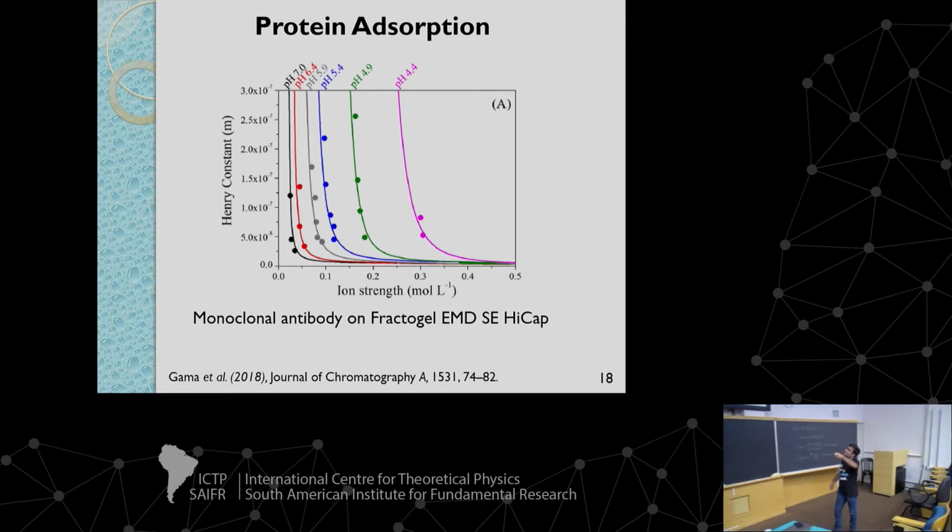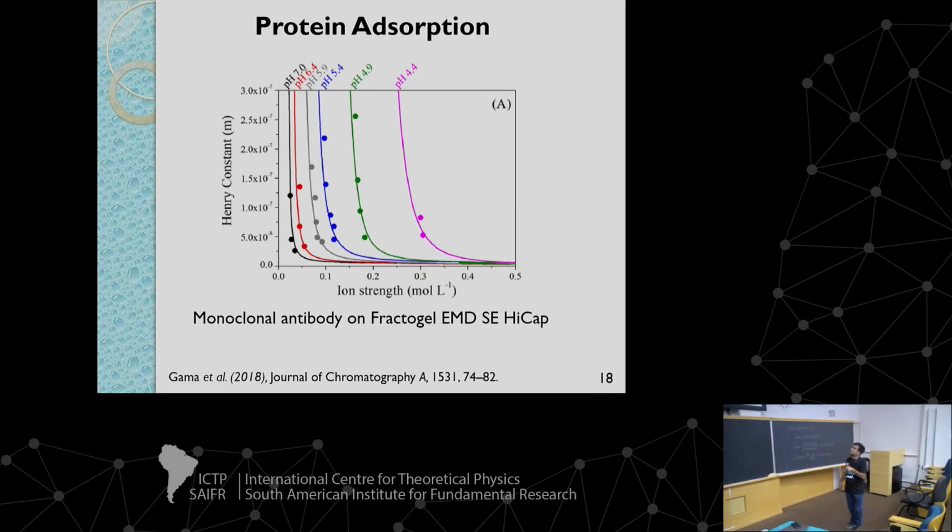So this is the Henry constant predicted. And we can see that these curves are our predictions for different pHs, and the dots are different experimental results from different authors.